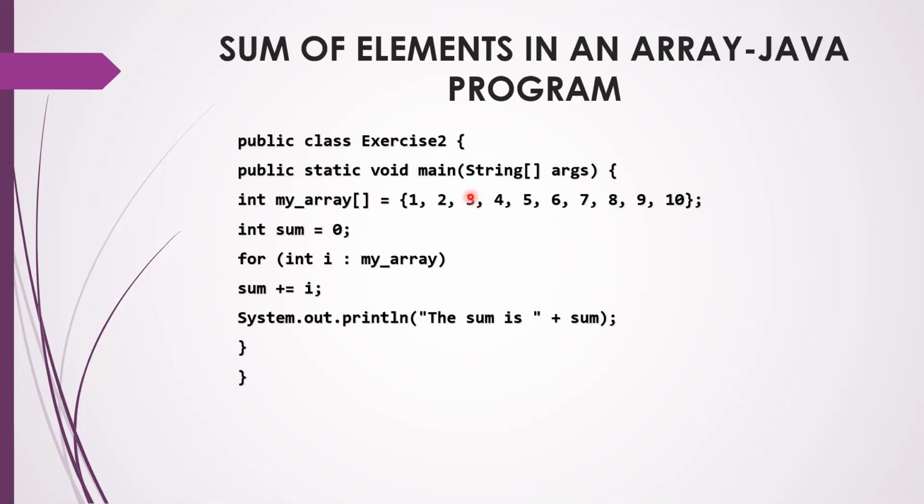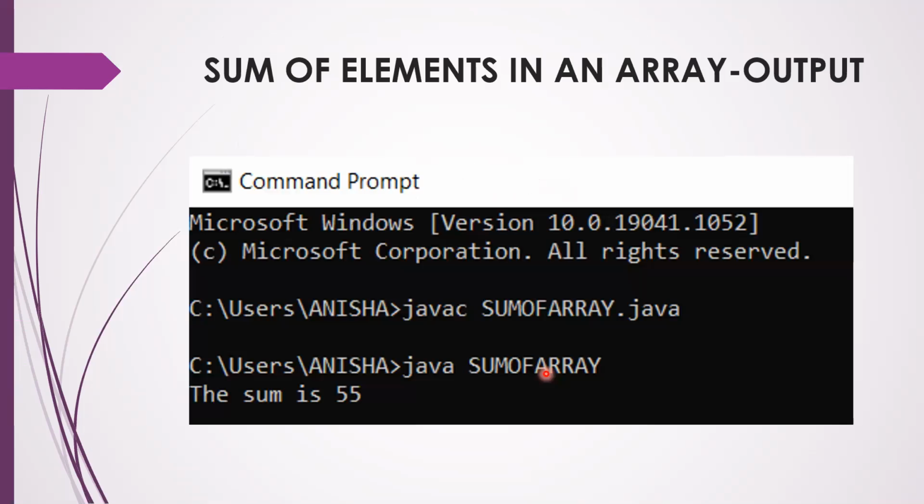Again, in the next iteration, 3 plus what is there inside the sum? It is 3. So 3 plus 3, 6. So 6 will be updated in the sum. The same way from 4 to 10, it will be updated for each iteration, and then the sum is printed. Sum is 55 totally. So this is the output here.